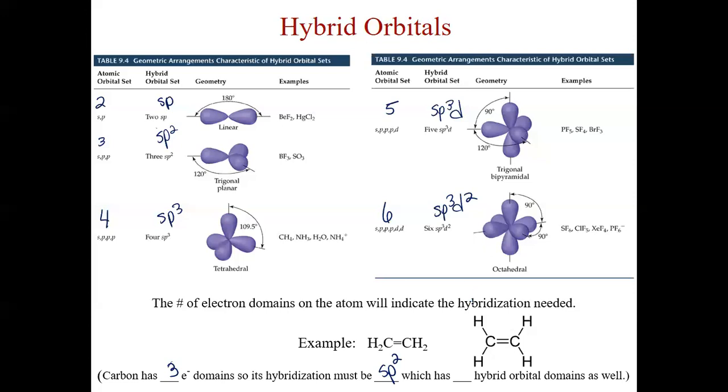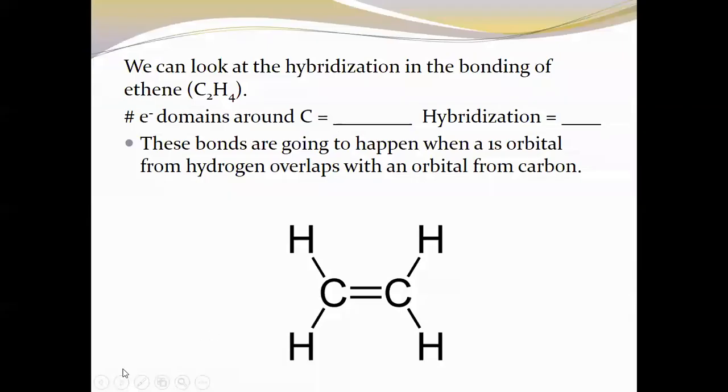And so it's going to have 3 hybrid orbital domains as well. So this is that same information that we just looked at at the bottom of the last slide.